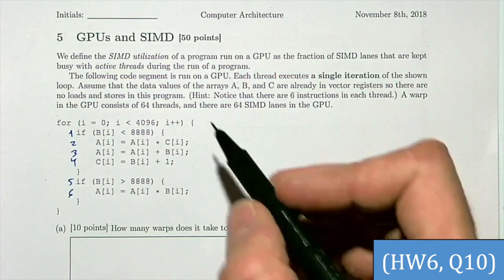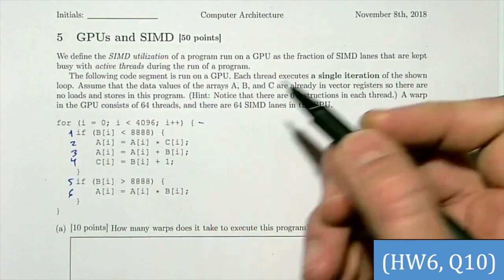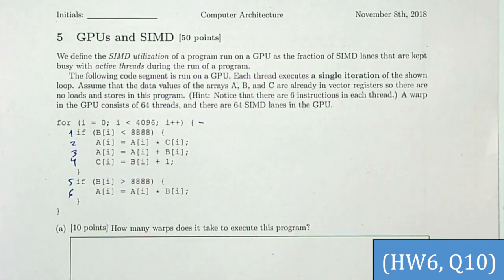Why don't we have to worry about the for loop? Because the for loop is simply expressing the number of threads that we need to use. This is the sequential code that we are going to parallelize using the multiple threads that the GPU provides. And the question also says that each of the iterations is going to be assigned to one individual thread.